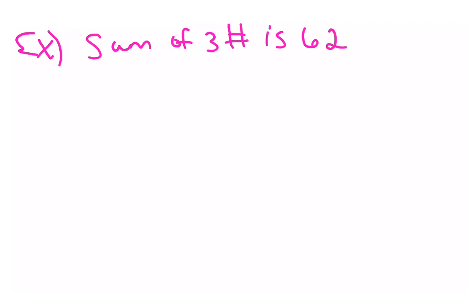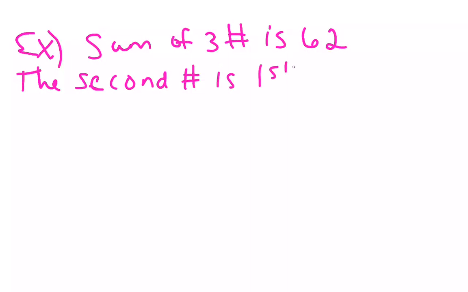Next example. The sum of 3 numbers is 62. The second number is equal to the first number diminished by 4.